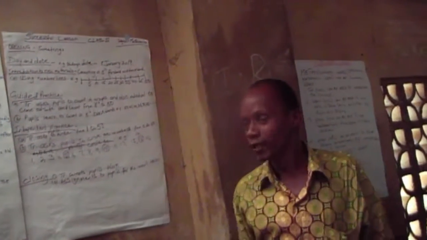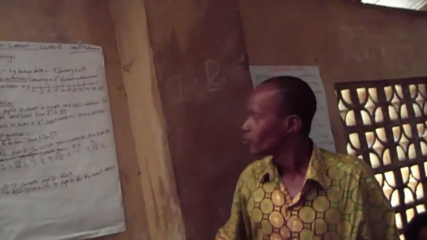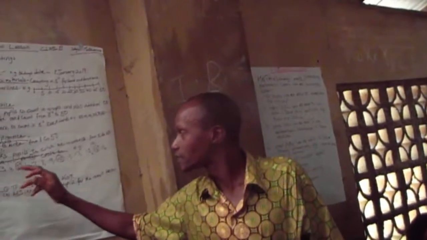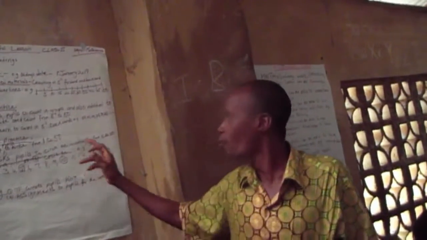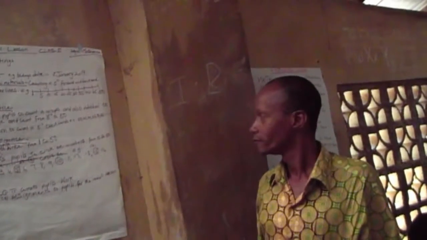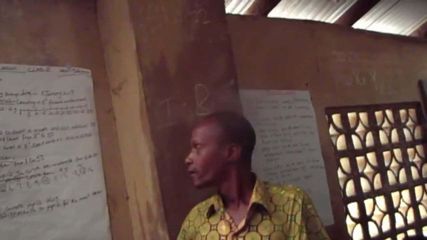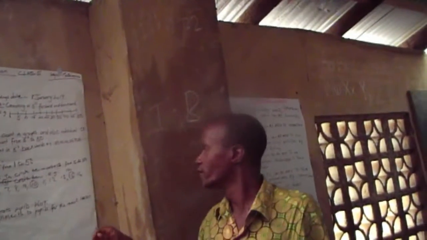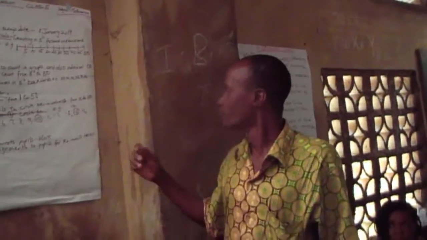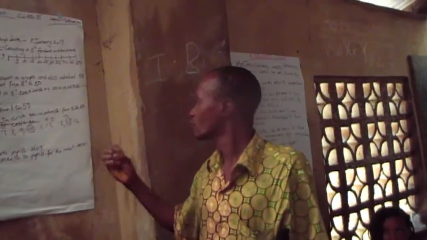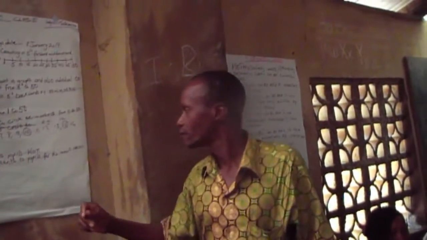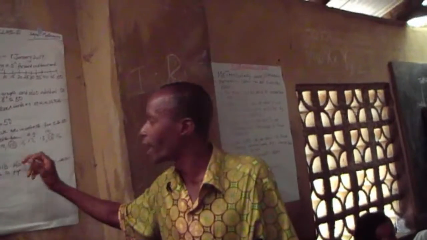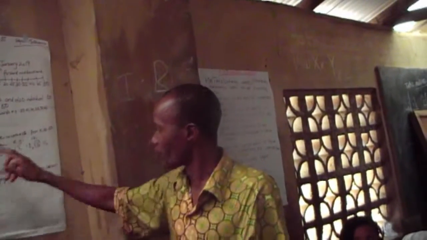Then you come to independent practice. You ask the pupils to write from 1 to 50. Then, after they have done that, you ask the pupils to circle the numbers from 5 to 50, as we have done in the example here along the number line.